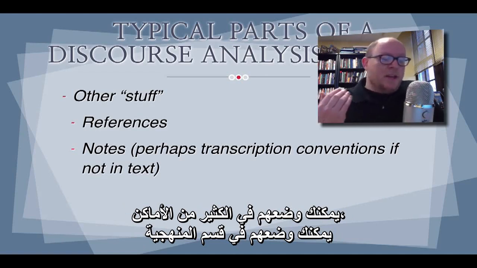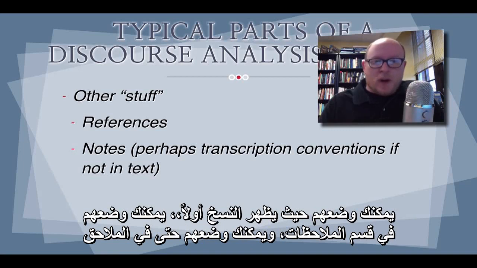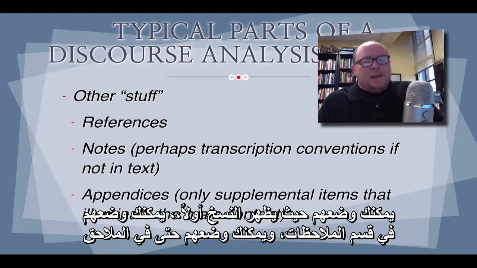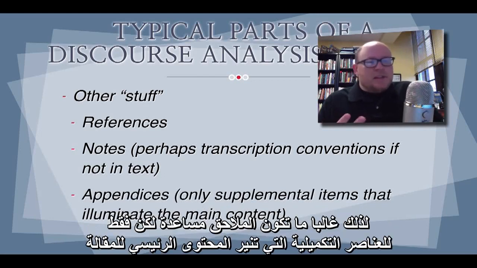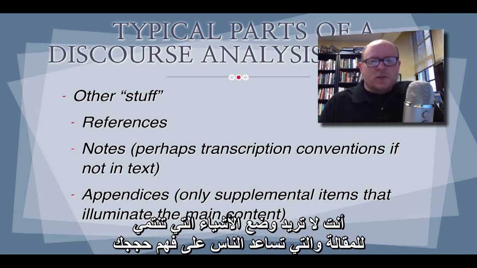You could put them in the method section. You could put them where the transcript first appears. You can put them in the notes, or you could even put them in the appendices. So appendices are oftentimes helpful, but only for supplemental items that illuminate the main content of the article. So you don't want to put things that actually belong in the article to help people understand your argument.